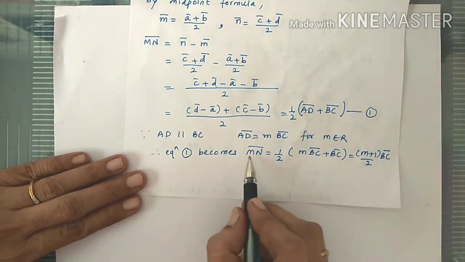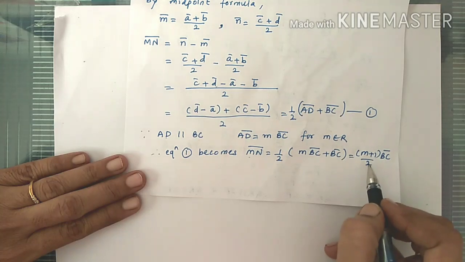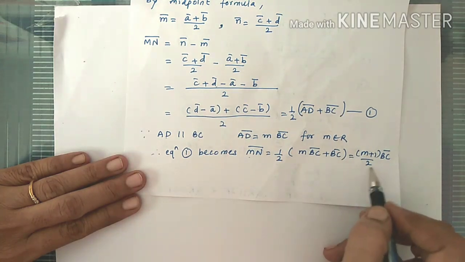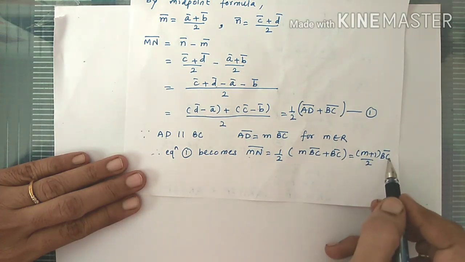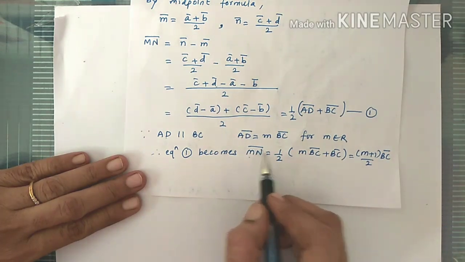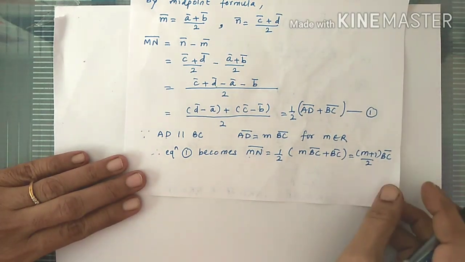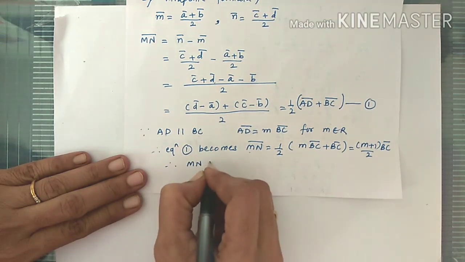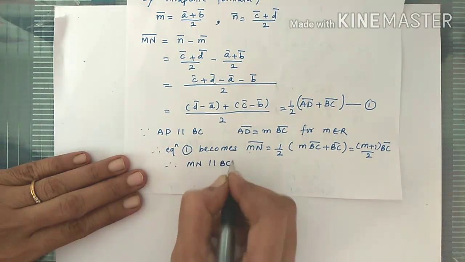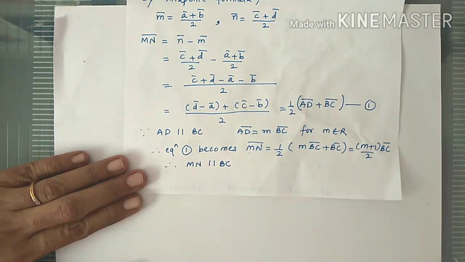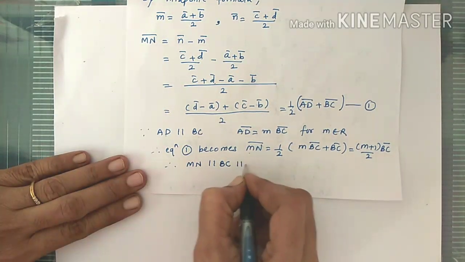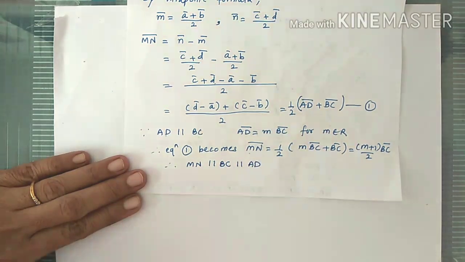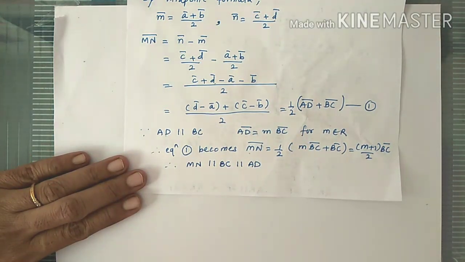See, now here we have MN bar is equal to some real number, m plus 1 by 2 is a real number, multiplied by BC bar. That means MN bar is a scalar multiple of BC bar. Therefore, MN and BC are collinear. That means MN is parallel to BC. But BC is already parallel to AD. So, MN, BC and AD are parallel vectors.